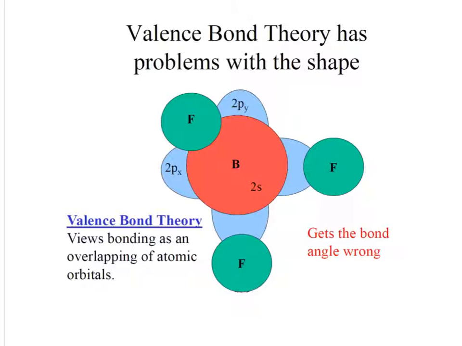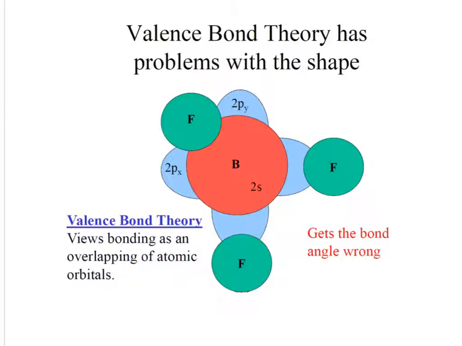The central atom here is boron. It's the one that determines the shape, so we don't need to draw all of the s and p orbitals in the fluorine atoms. In this structure, 2 of the fluorine atoms are at 90 degrees to one another on the px and py orbitals, and the other is floating around on the s orbital.